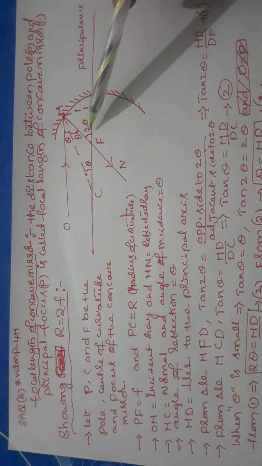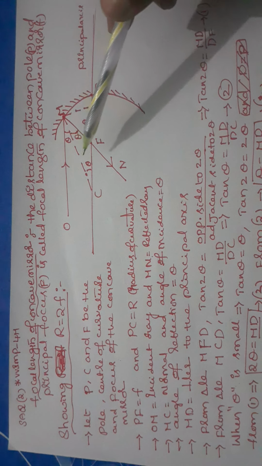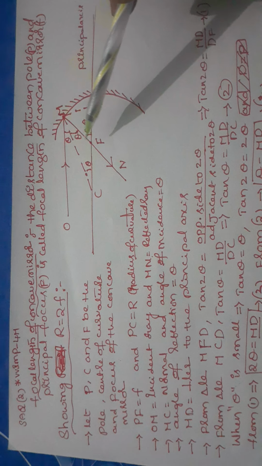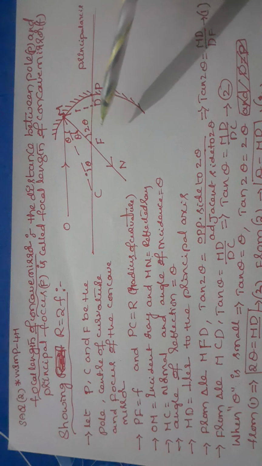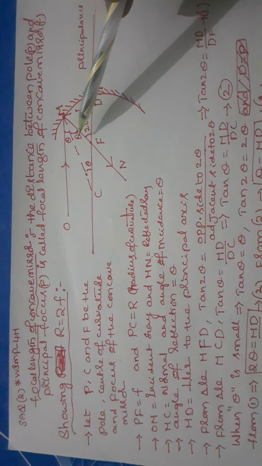So when we take this one as 2 theta, which is the exterior angle, in this triangle CMF, the opposite angles theta and theta, the sum of these two will be equal to the exterior angle. So it is 2 theta, and these are theta and theta.